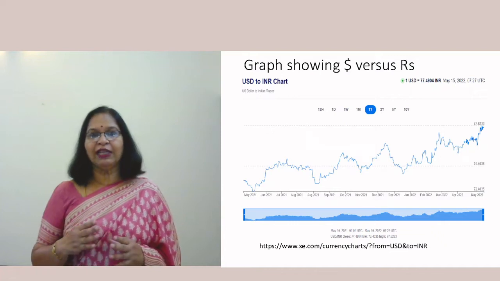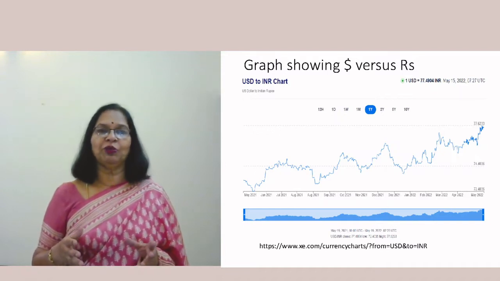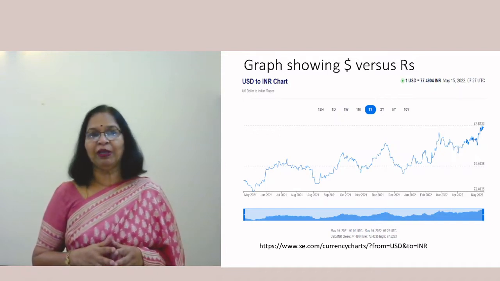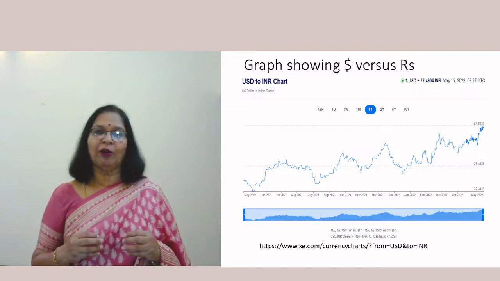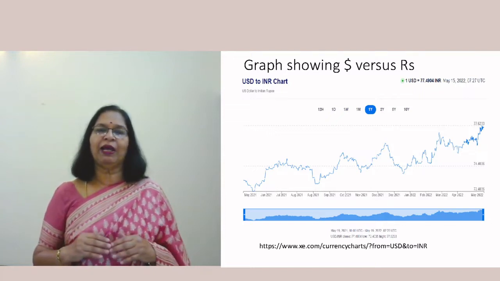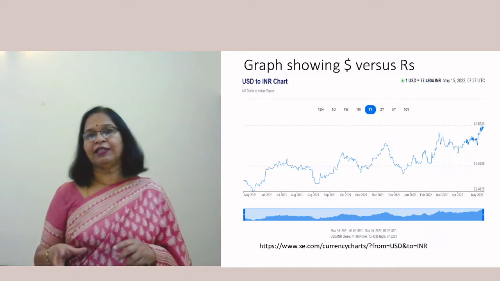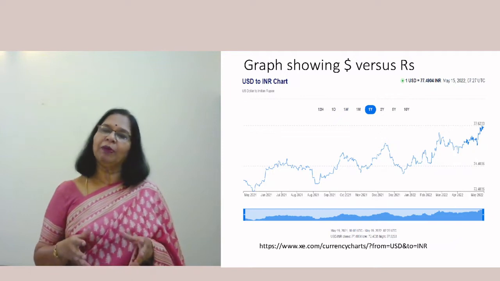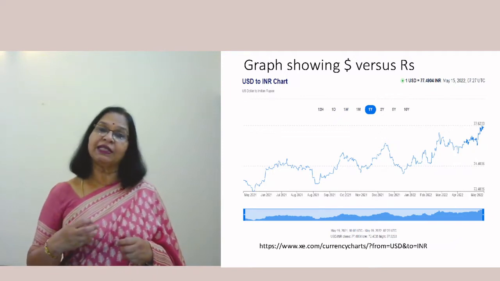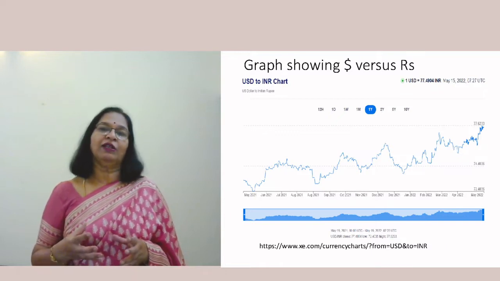You can see the ups and downs that happen in the currency value between two currencies, which is quite normal to understand in international payment, for the simple reason that balance of trade and balance of payment are never in balance, and there will always be an excess demand or an excess supply of the currency in the forex market.